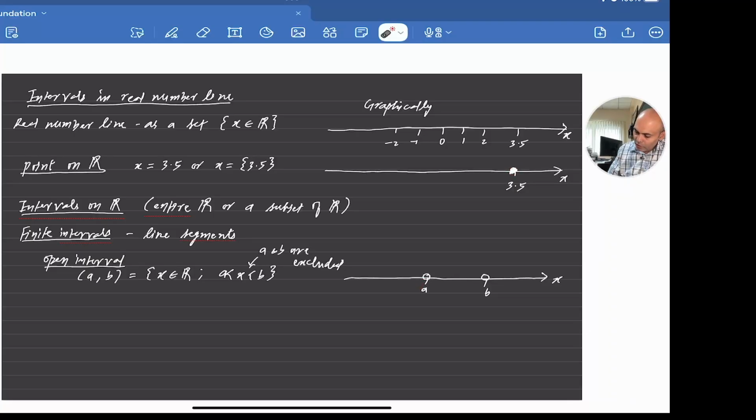And here to exclude A and B, we draw open circles. And the points in between we mark by a bold line. So I'm going to use another color. I'm going to take yellow. These are the points that are included in the set.